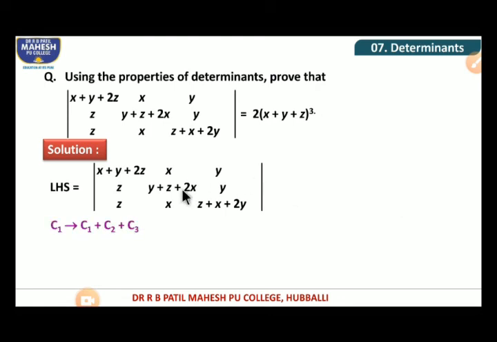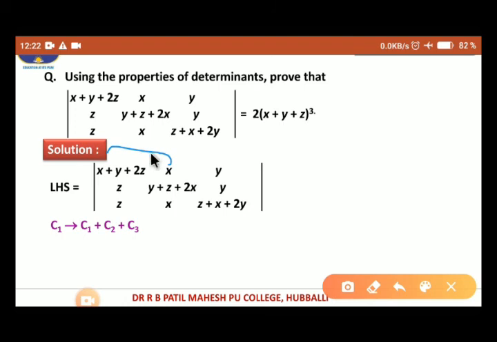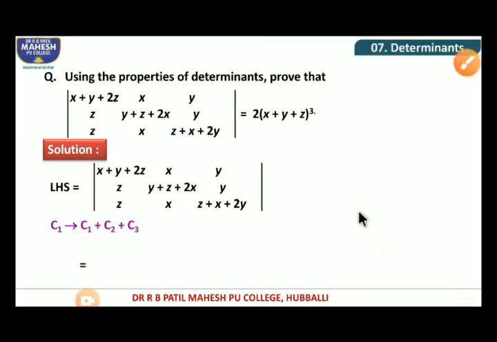Therefore for that I am going to operate c1 changes to c1 plus c2 plus c3. So we will be having here c1. After adding, we get 2x plus 2y plus 2z. After it you can take 2 common, so it becomes 2 into the bracket of x plus y plus z, so that we can add all these columns into the first column.